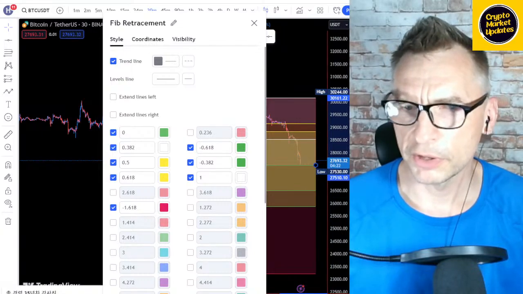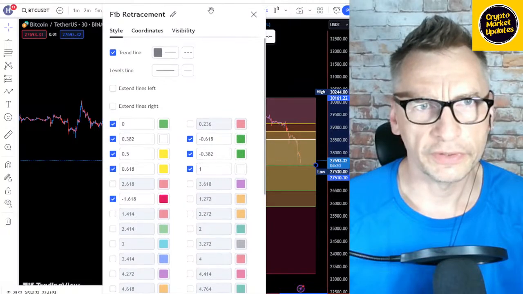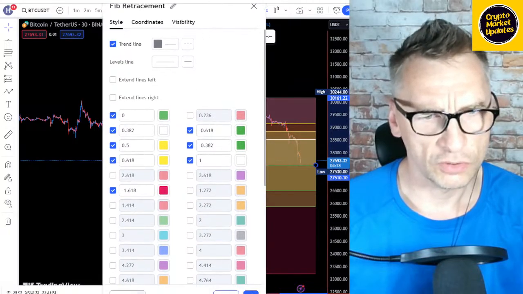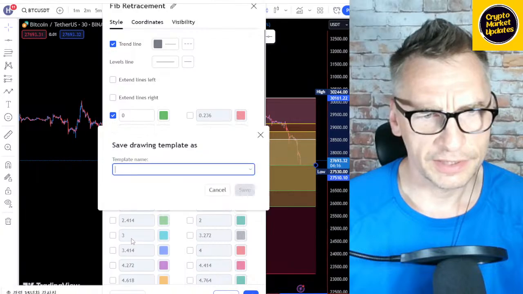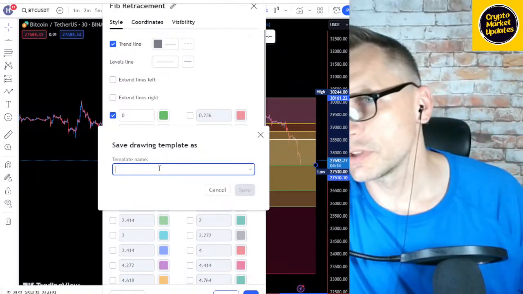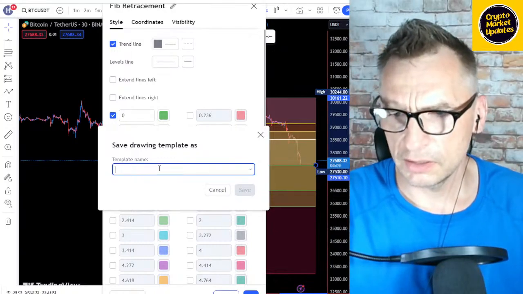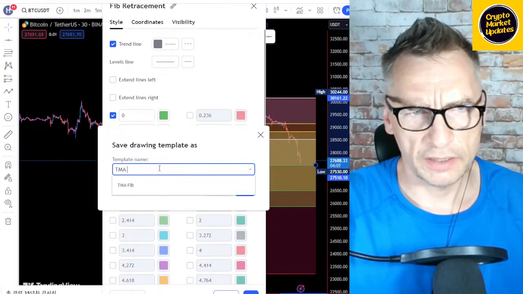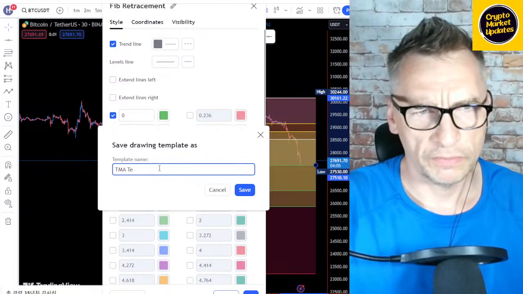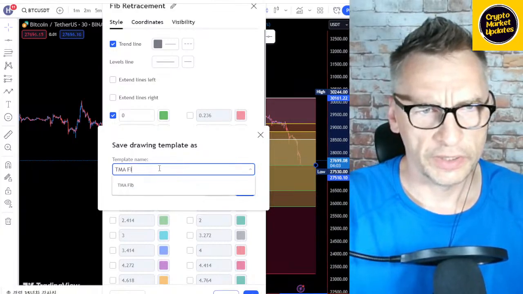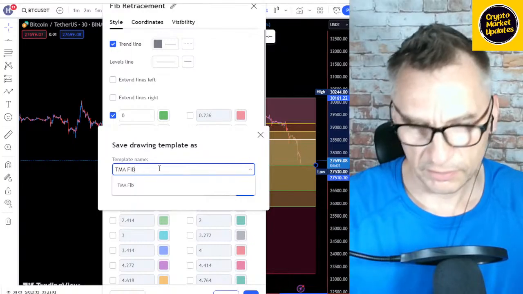So if you go to the bottom here, I don't know if you can see this, go to template, you can save as. Let's call this the TMA fib. I already have it saved.